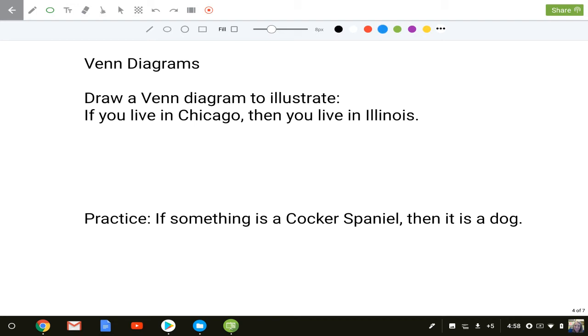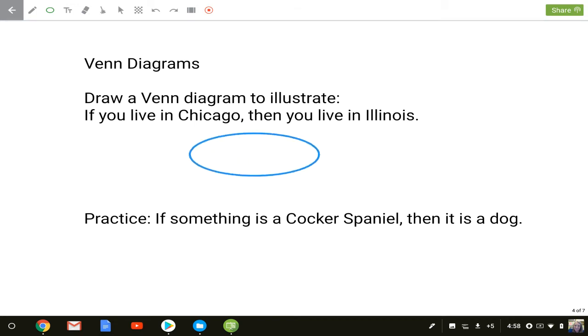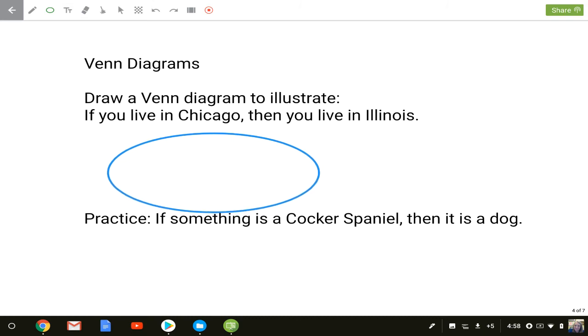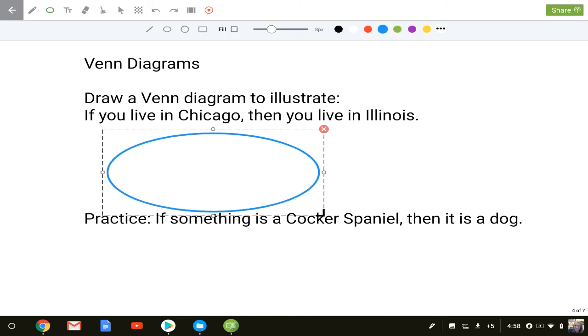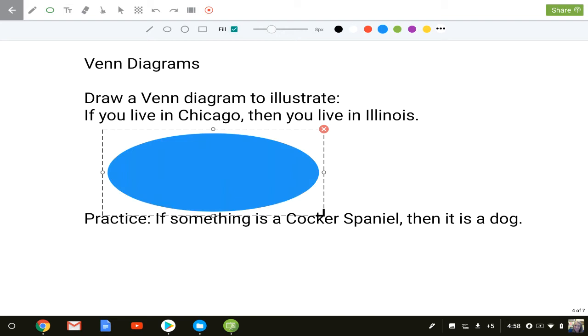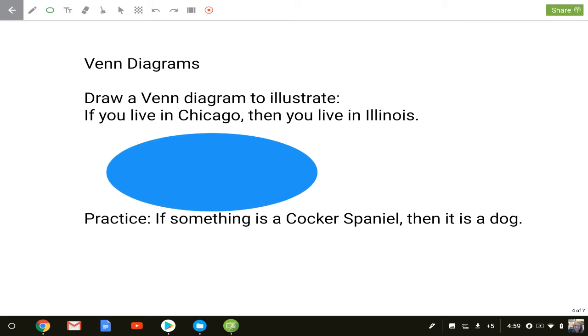All right, I'm going to make a large blue oval. I want to fill it. This is going to represent a set of things that, if they were in that circle, they would belong to the set. In this case, that's a larger set.